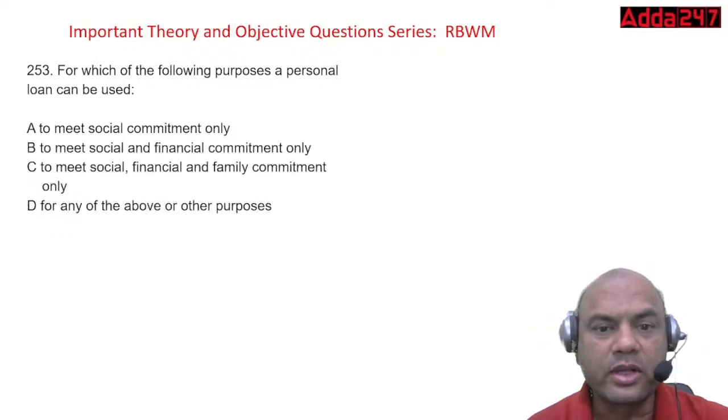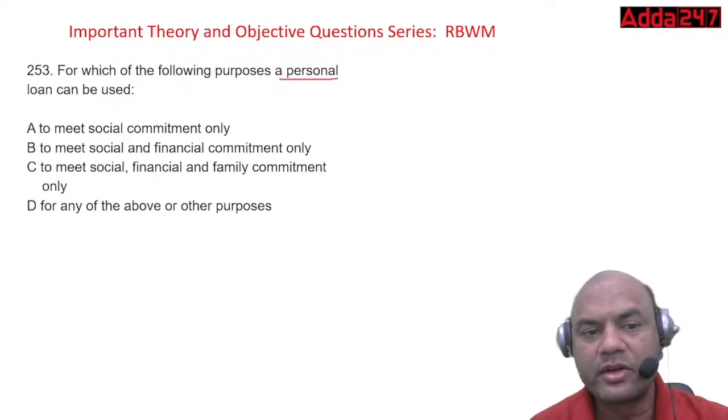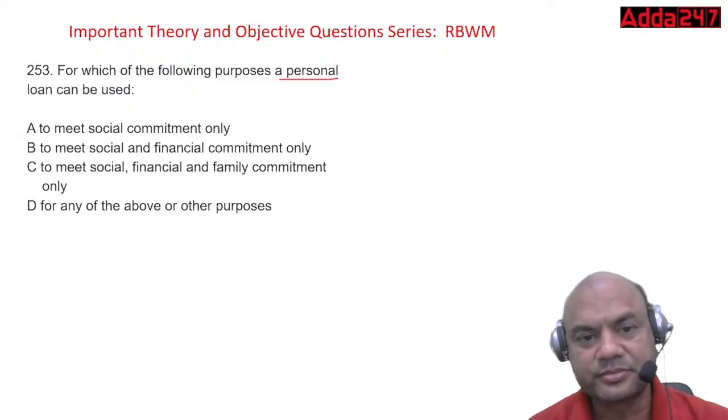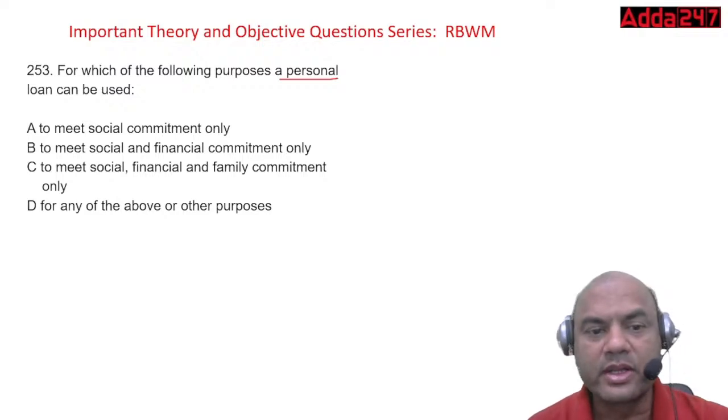For which of the following purposes can a personal loan be used? To meet the social commitment, to meet the social and financial commitment, to meet the social, financial and family commitment, or for any of the above or other purposes. What is the answer?